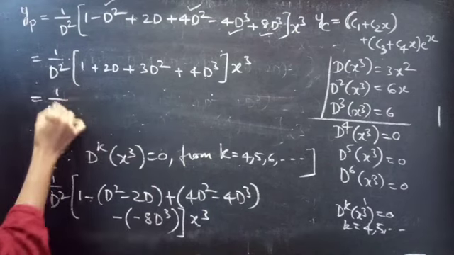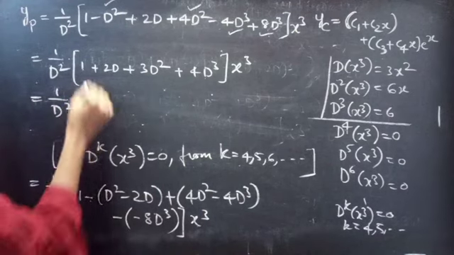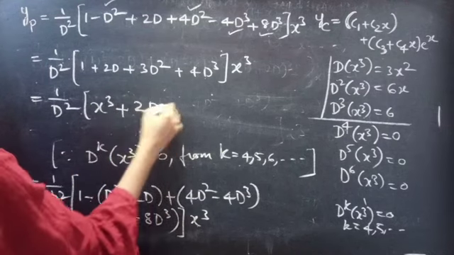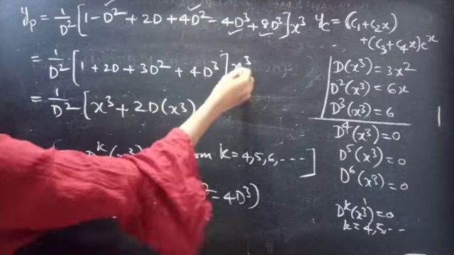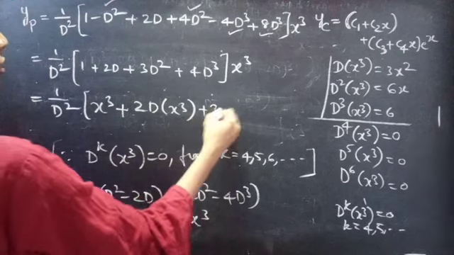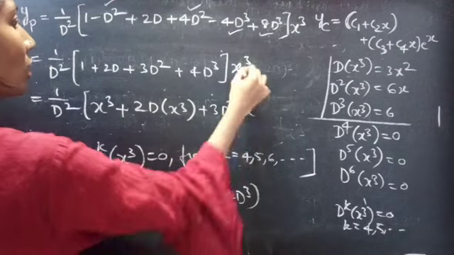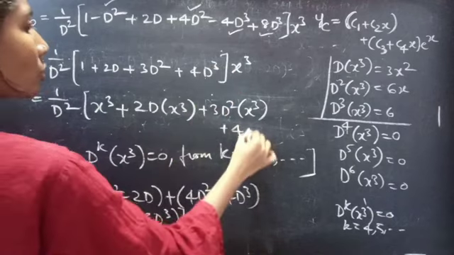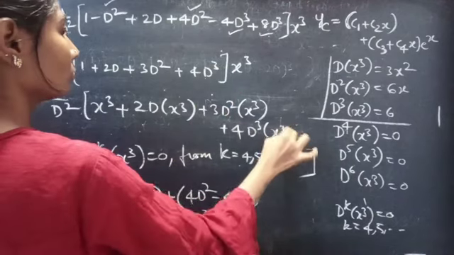Now this becomes 1 by D square into 1 into x cube is x cube, plus 2D into x cube, plus 3D square into x cube, plus 4D cube into x cube, right?